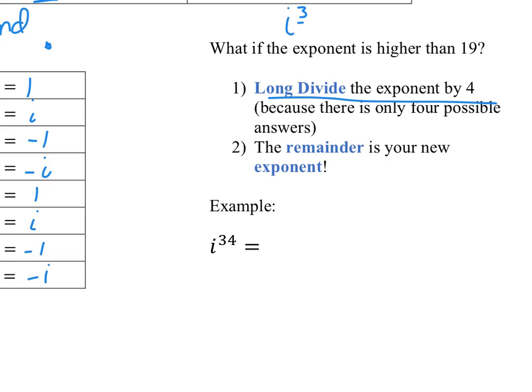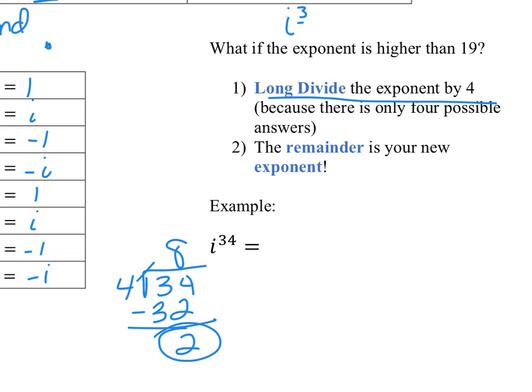If you forget how to long divide, you do this. You take 4. How many times does 4 go into 34? It goes 8 times. 8 times 4 is 32. Then you subtract, you get 2. That's your new exponent. So I to the 34th is the same as I squared.